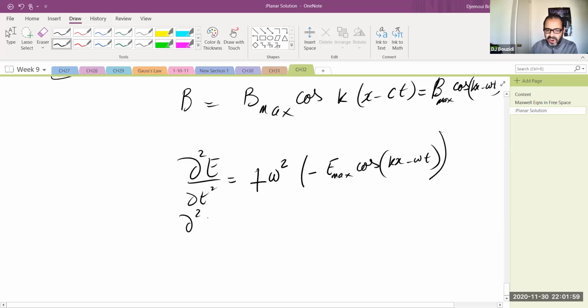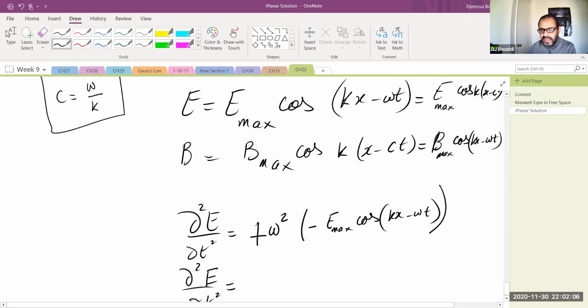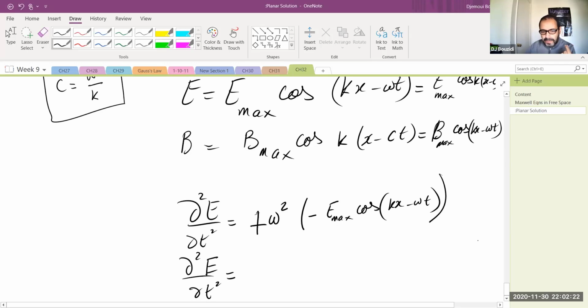This partial derivative of E with respect to x is going to pull, the first time, a positive k, but the cosine becomes a negative sine. The second time it's going to pull another positive k, so it's going to be k squared times the same thing, but the derivative of the sine becomes a cosine. So basically this expression becomes k squared times minus E max times cosine of kx minus omega t.